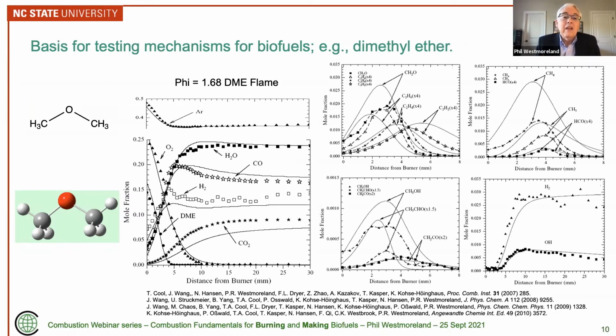We can look at many intermediates here. I show a sampling of them, including some radicals that are here. Here's OH, for example, methyl radical, HCO. And again, agreement, and again, this is the early 2007 mechanism, is already quite good.